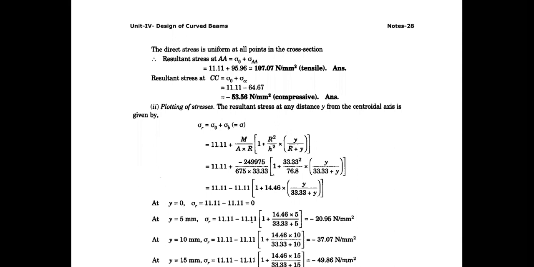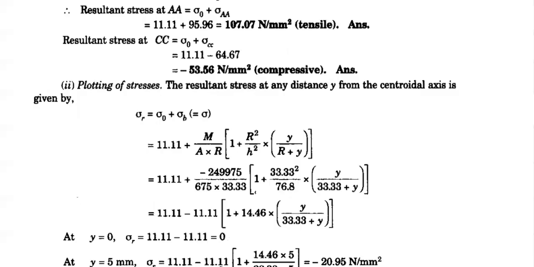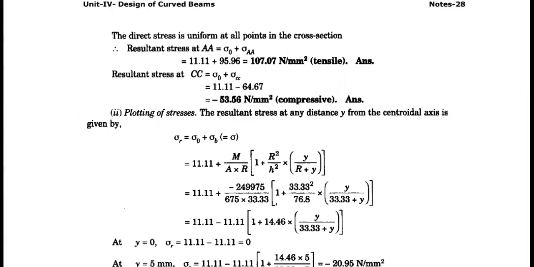So calculate those stress values, that means the resultant stress at section AA and the resultant stress at section CC. After obtaining these results, your answer is over. This is how you are supposed to calculate.